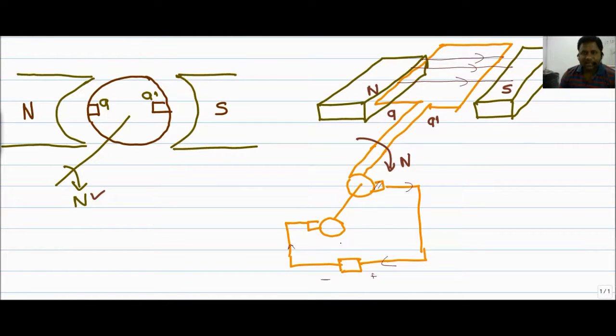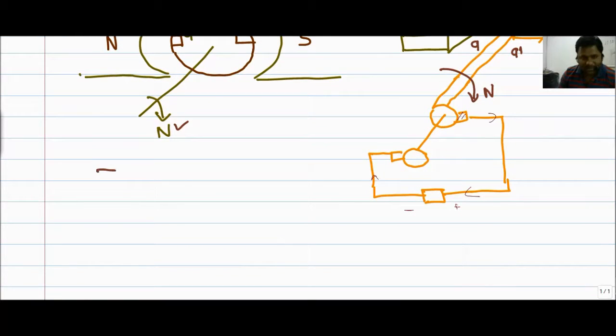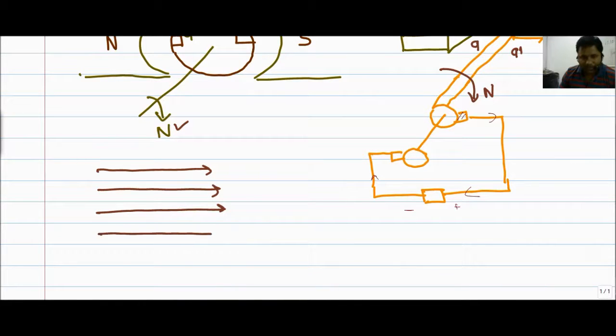Now in this lecture, we have to discuss the expression of the induced EMF in A dash and in A. Suppose this is the magnetic field going from left to right, from north to south.